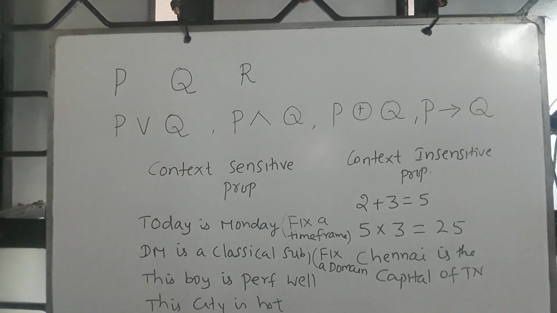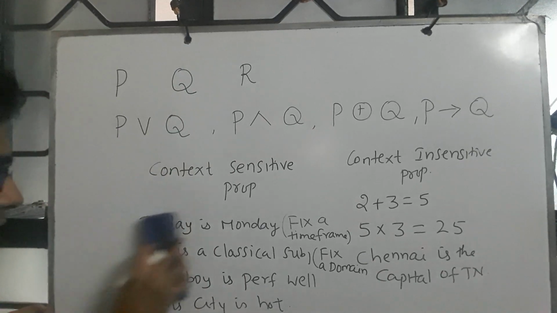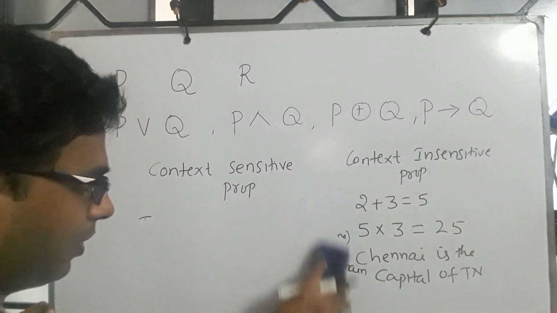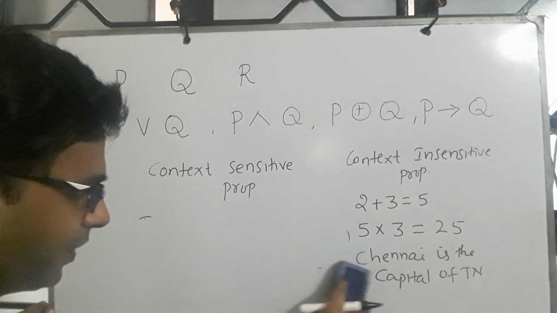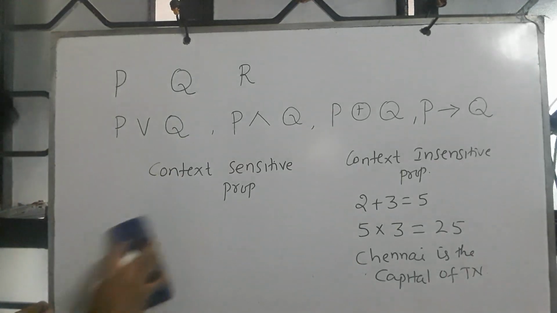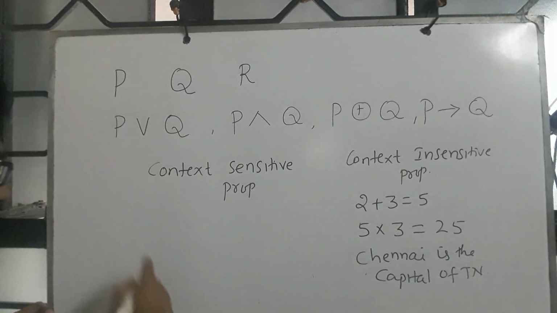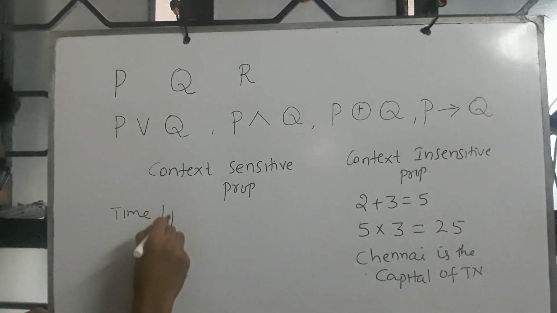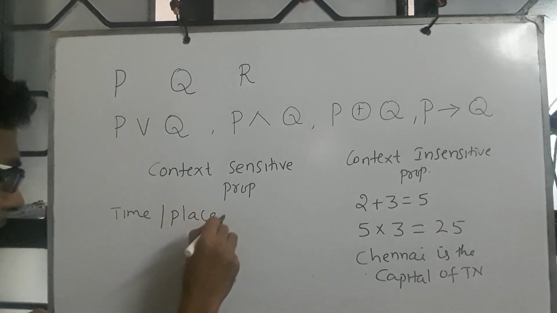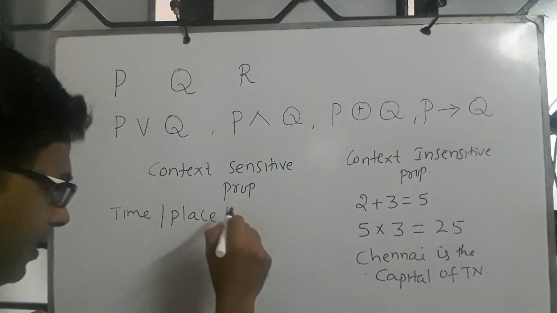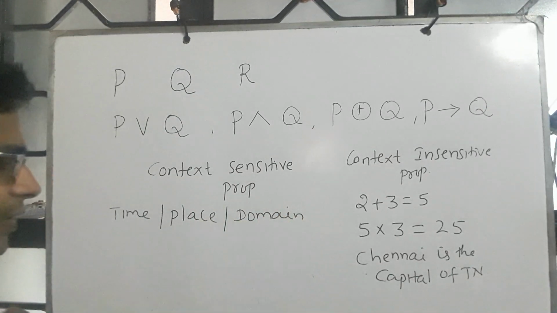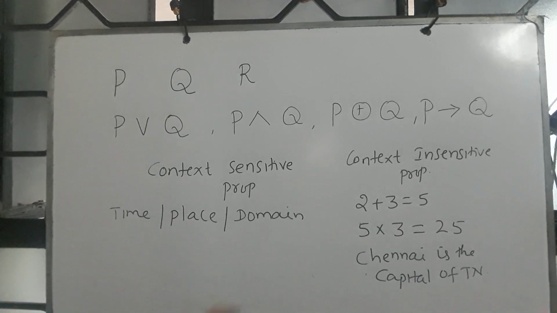Okay. So a context sensitive proposition brings the context. The context could be time, it could be place, it could be the underlying domain, set of people, set of numbers, set of some specific objects.